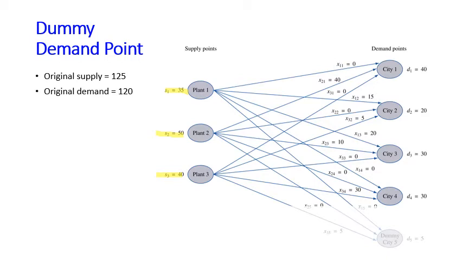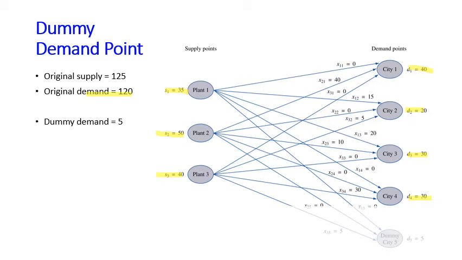We have 4 demand points, but if you take the demand for all these 4 cities, the sum is only 120. It means that we have more supply than demand. What we can do to balance this problem is to add a dummy demand, because demand is less than supply.